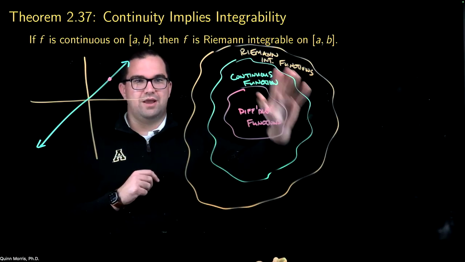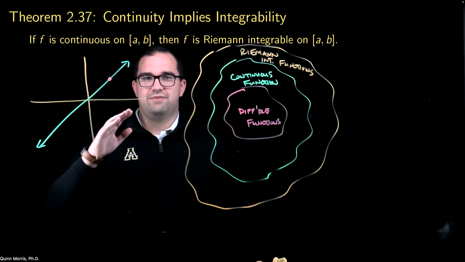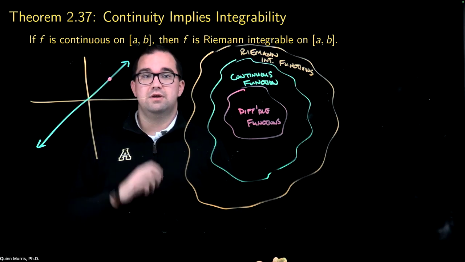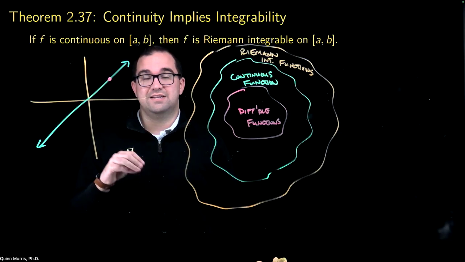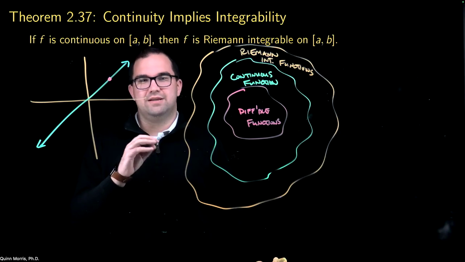While the first picture is a nice way of conceptualizing what is a subset of what, in terms of how frequently these things occur, this is a much more accurate depiction. The set of differentiable functions in the set of all continuous functions is a very rare type of set, in a certain way.